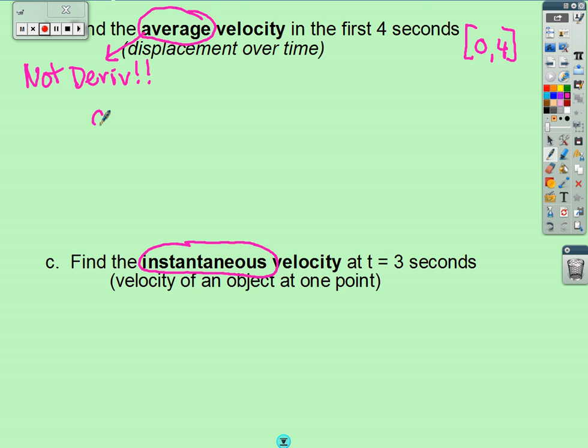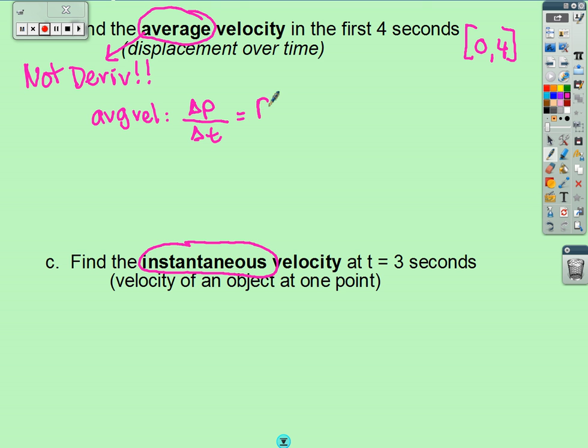Okay, so average velocity. Remember, velocity has units of feet per second or distance per time. So average velocity is going to be the change in position over the change in time, or the displacement over the change in time.